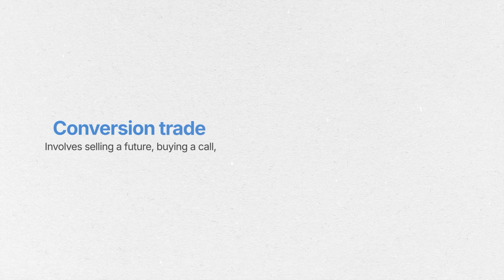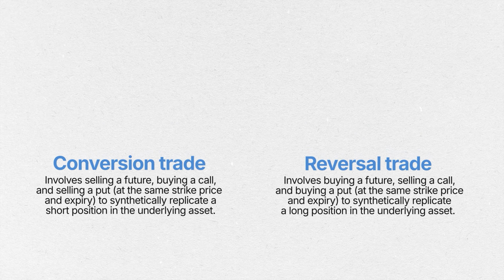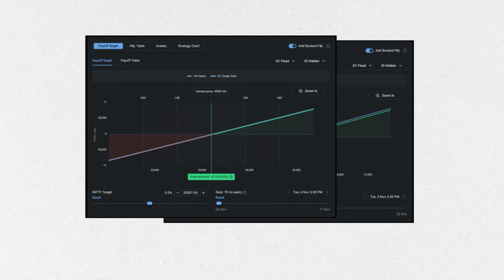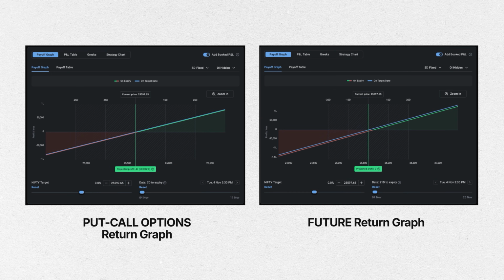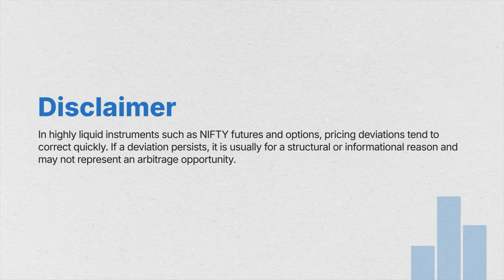Then we have the conversion versus reversal arb trades, where trades are based on the principle of put-call parity, which states that a combination of options can synthetically replicate a futures position. When the real futures and the synthetic futures deviate in price, an arbitrage opportunity arises. If you're new to the concept of synthetic futures, I'll share a link. A word of caution. In highly liquid instruments such as Nifty futures and options, price deviations tend to correct quickly.